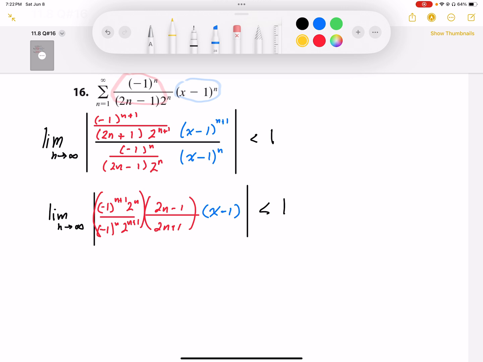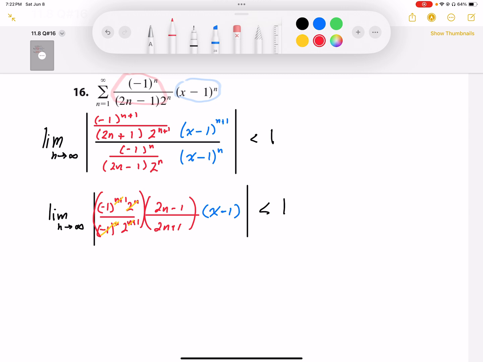The negative ones cancel, so I'm just going to have negative 1 to the power 1 in the numerator. The 2n's cancel out, so I just have a 2 in the denominator. That 2n minus 1 over 2n plus 1, as a limit, is going to go to 1.